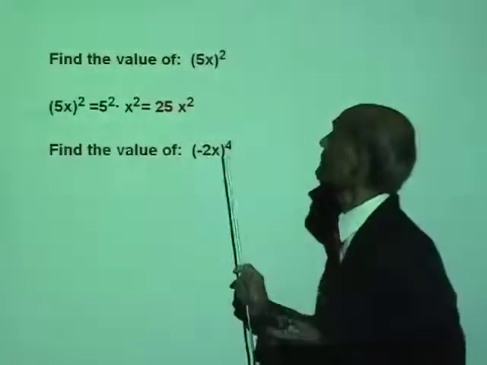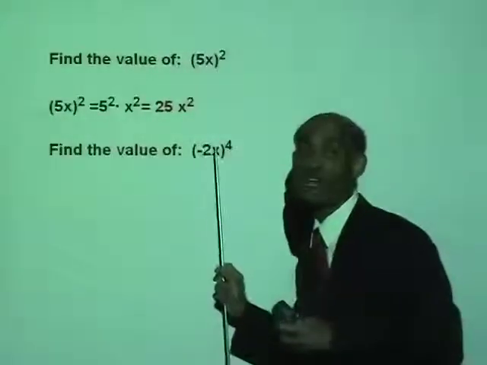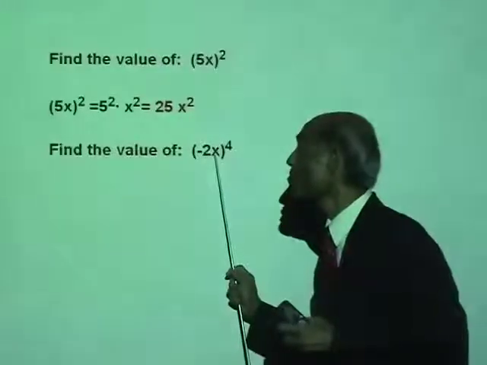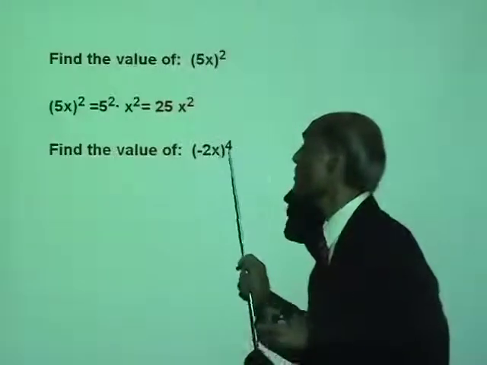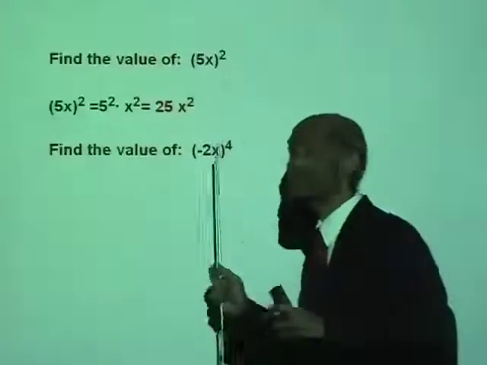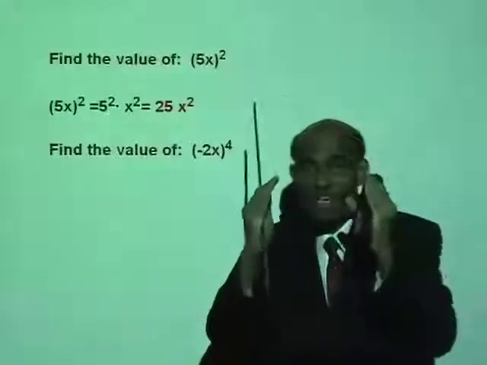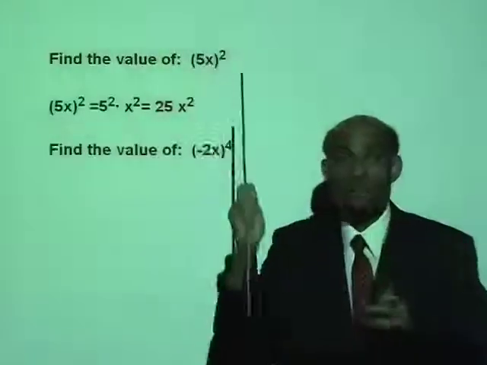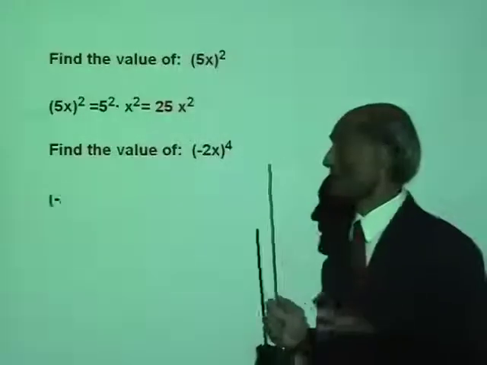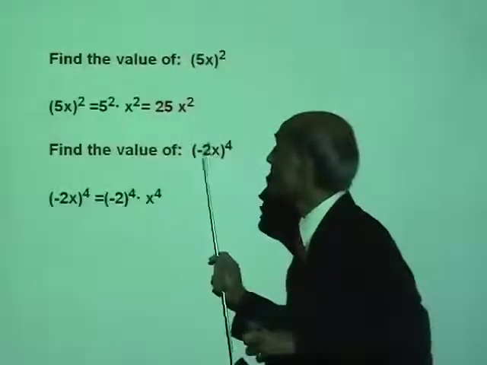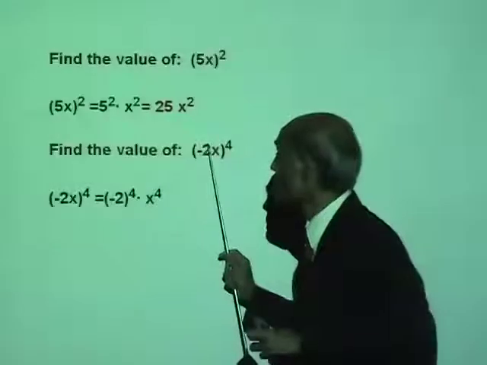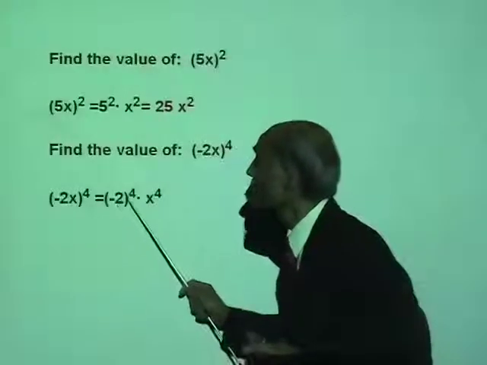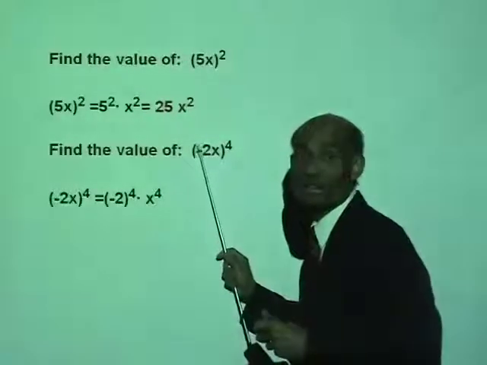Another one. Okay, look at this again. A negative quantity raised to the power of 4: negative 2x, the quantity negative 2x raised to the power of 4. Now, this can be interpreted as the number negative 2 raised to the power of 4. Can you understand that?